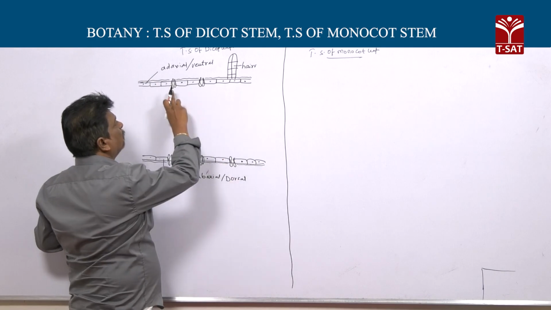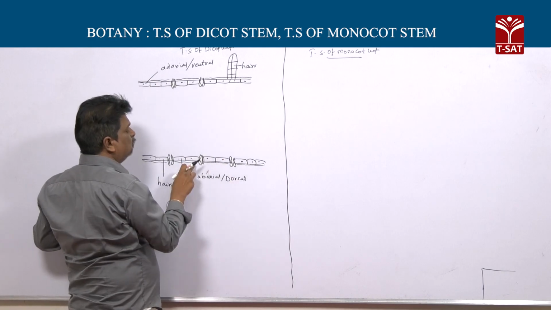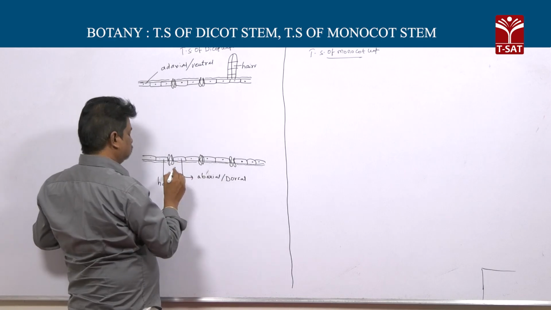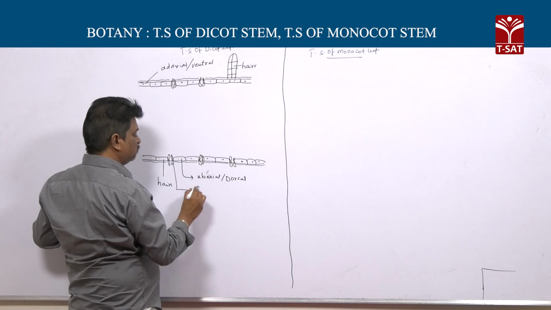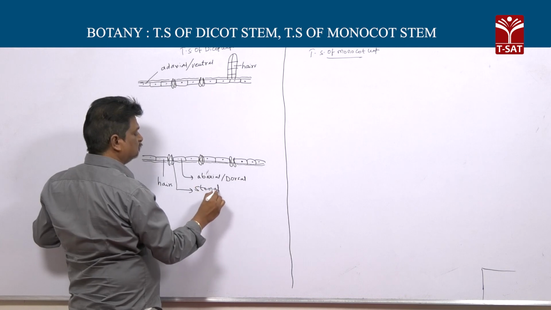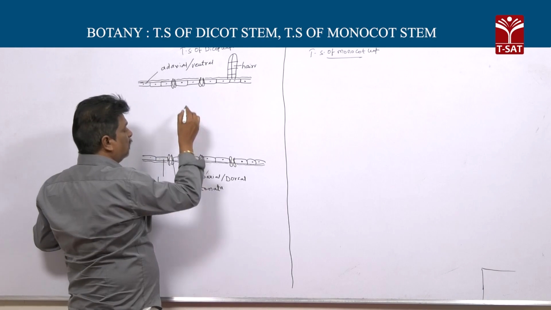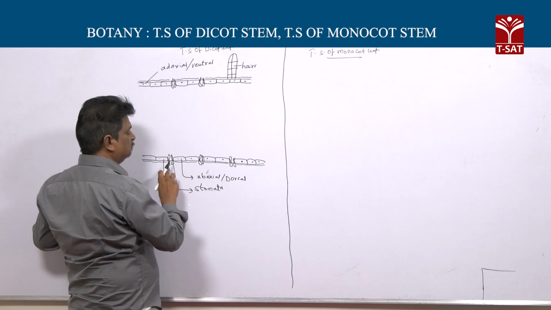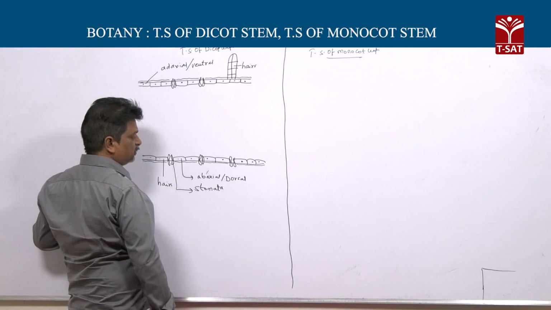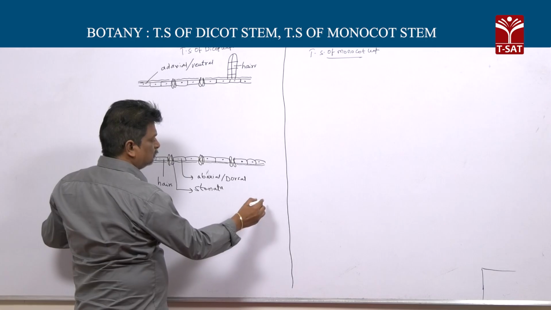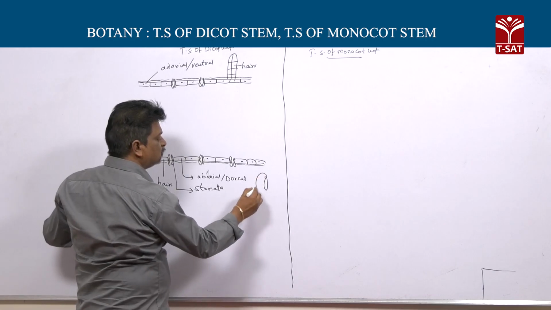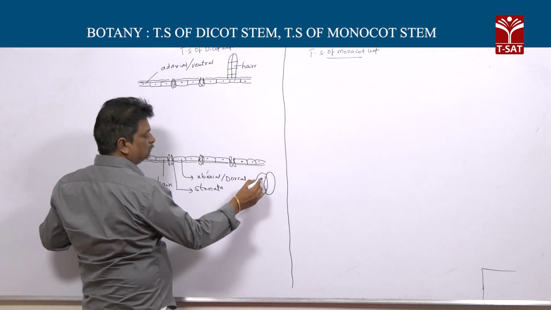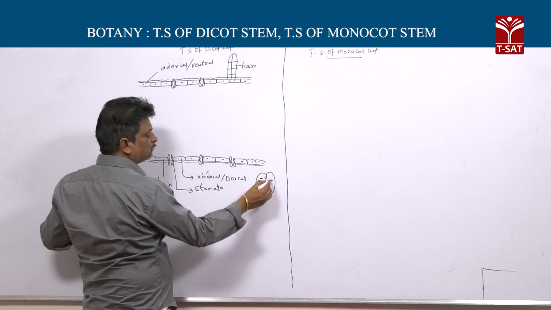Then stomata: both epidermises contain stomata, but stomata are unequally distributed compared to the upper epidermis. On the lower side, more stomata are present. The stoma is surrounded by guard cells.